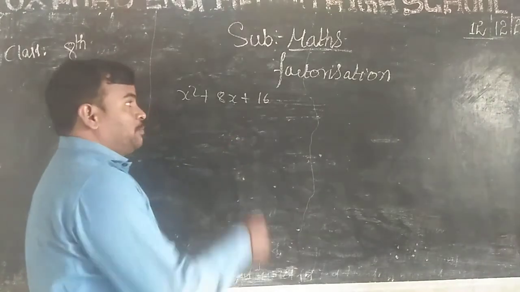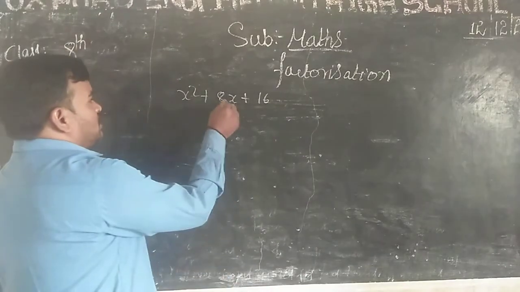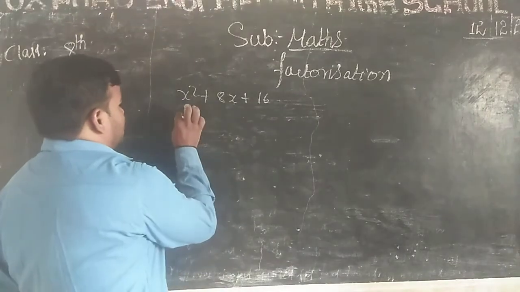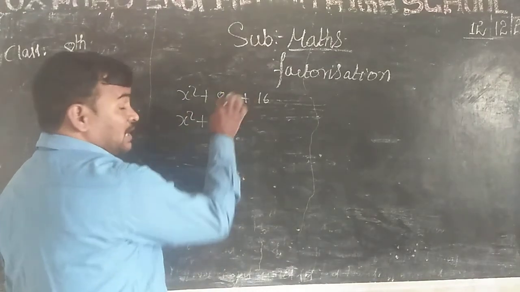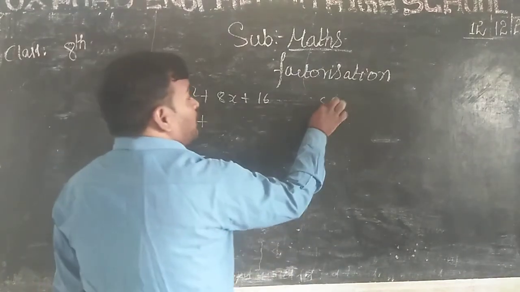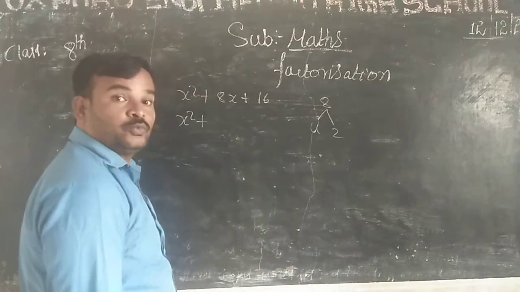Before applying the identity, you split out the terms: first term, second term, third term. See here, x square plus 8x. What are the factors of 8? 8 factors are 4 into 2.